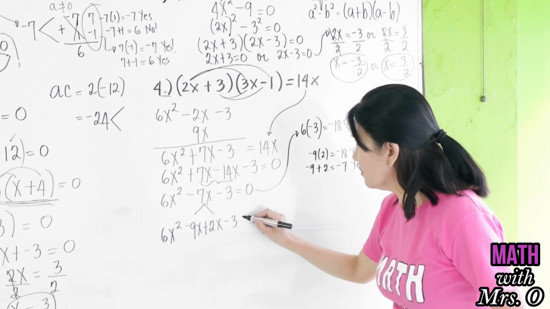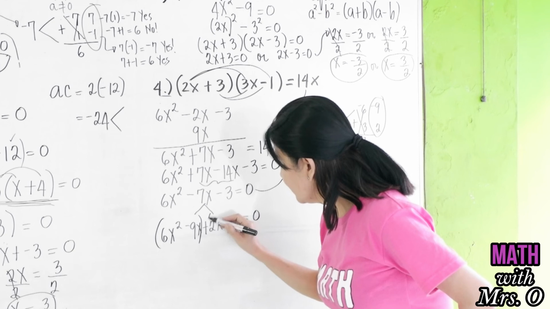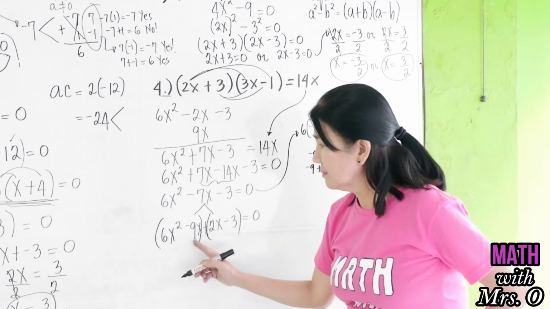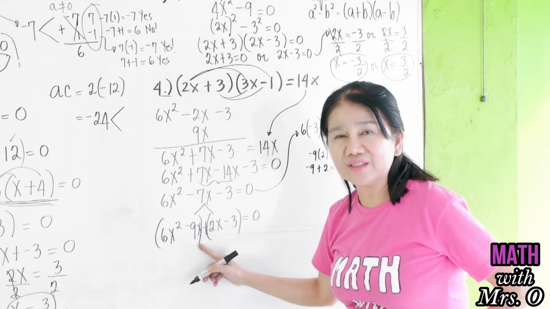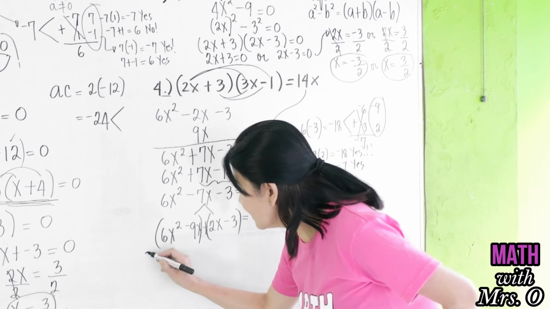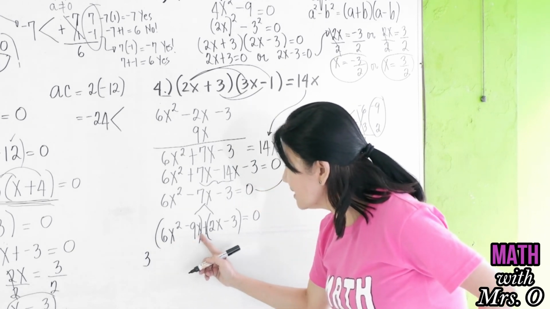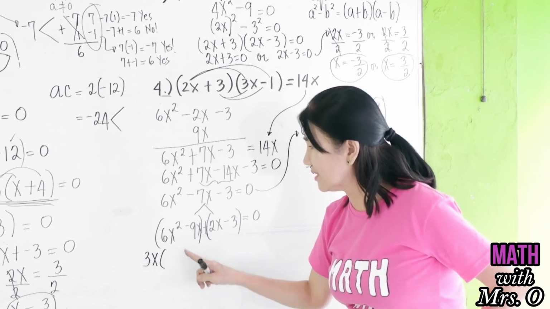Copy minus 3 equals 0. Then, we group these 2 and these 2. Factor out the greatest common factor. 6 and 9, what do you get? 3. This is x squared, this is x, so x. So 3x is the greatest common factor.